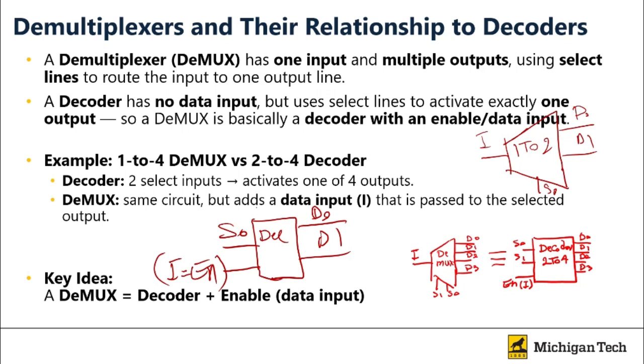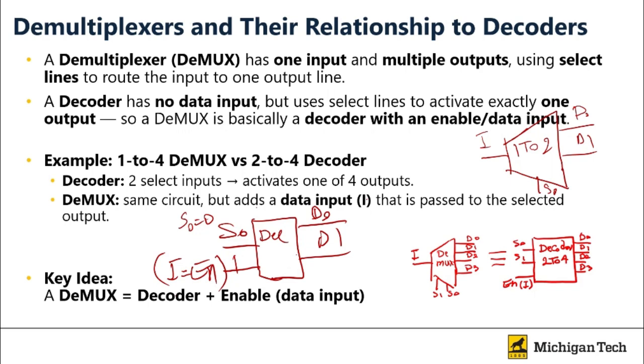So it means if I is 1, so the enable is 1, the decoder is working fine. And if select is 0, this one is going to go to 0. And if S is 1, this I is going to go here. Let's just try it for 0 so we don't make a mistake. If S0 is 0, let's see how this demultiplexer works.